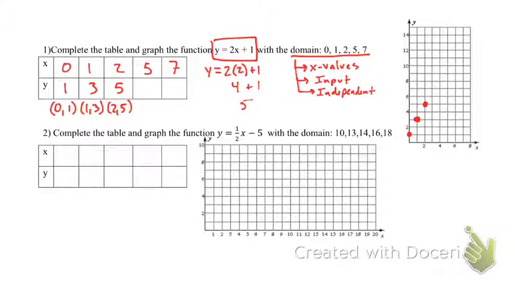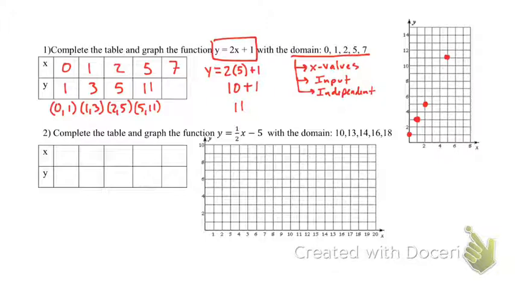All right, let's plug in 5 now. 2 times 5 is 10, plus 1 more. That gives me 11. So my next point is 5, 11. Way up there.